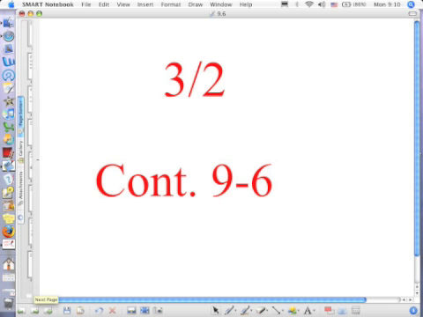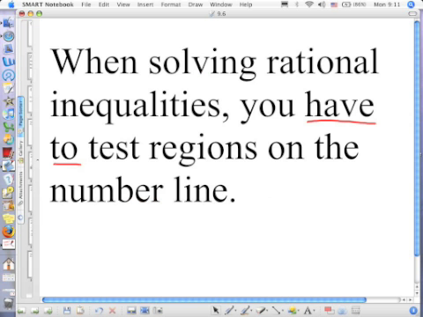Now with the inequalities, we're still going to solve it just like the equations we just solved. The only difference is when you see it's an inequality, when you're done, you have to test some regions on the number line. Everything else is the same. You just have some testing that needs to be done. Which is what I said here. And I want you to write that statement down so that when you come back and see what you did, you'll remember why you did what you did.